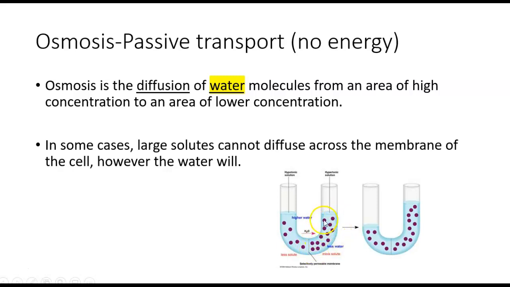So over here where you have a higher concentration of solutes and a lower concentration of water, you can see what's going to happen. Water is going to move from a high concentration to a low concentration. Because there's more dissolved solutes over here, that reduces the amount of free water. So over here, all the water that was here is going to move from a high concentration to a low concentration across that selectively permeable membrane, and it's actually going to create a difference in water height in that demo.